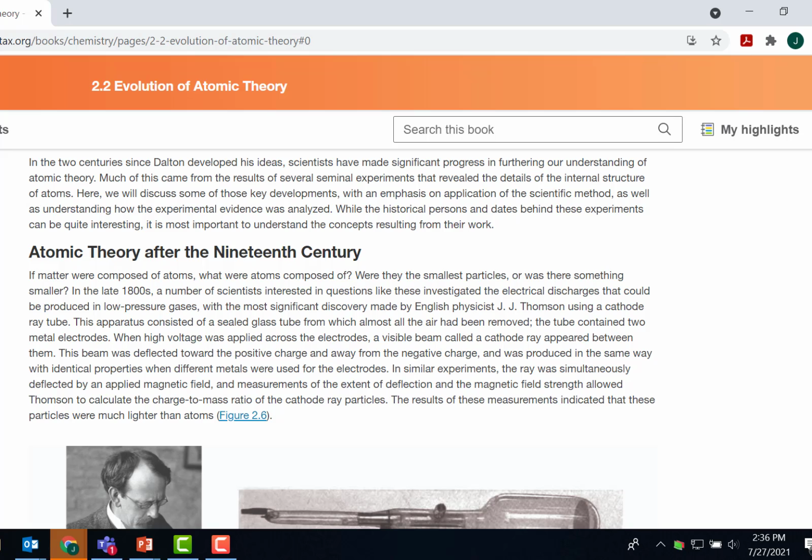We talked in the previous section 2.1 about atomic theory, the idea that things are made of atoms. When that idea took hold, in the next 100 years people were really into atoms and elements as being really important.